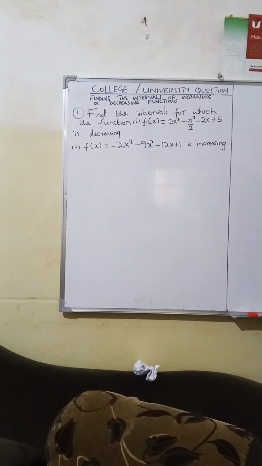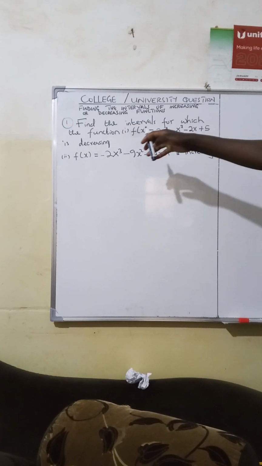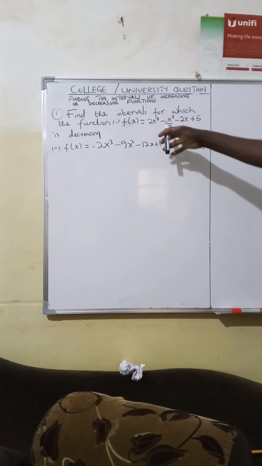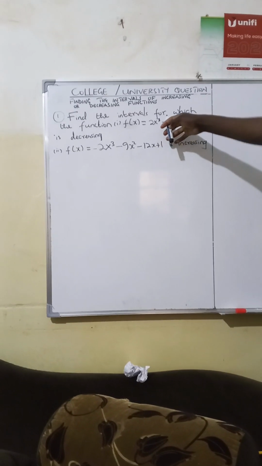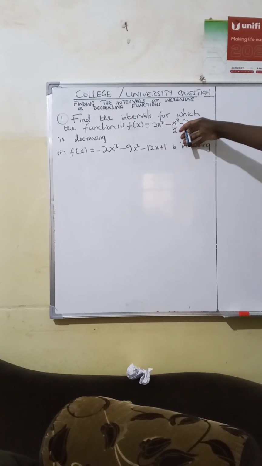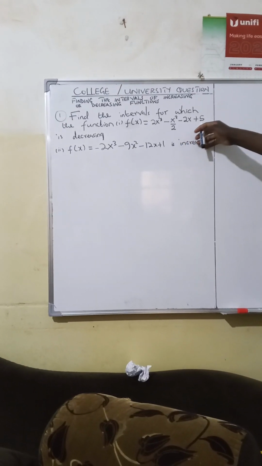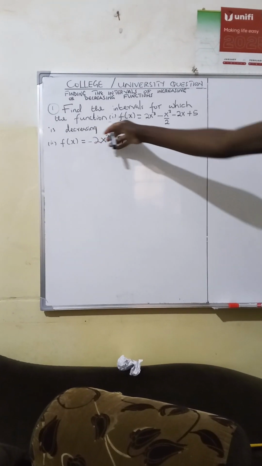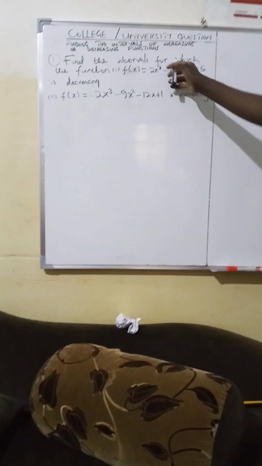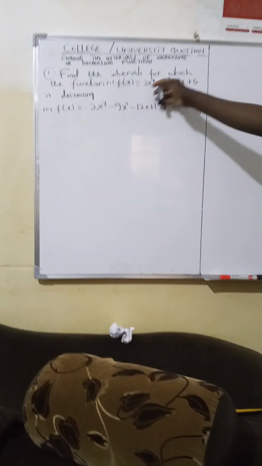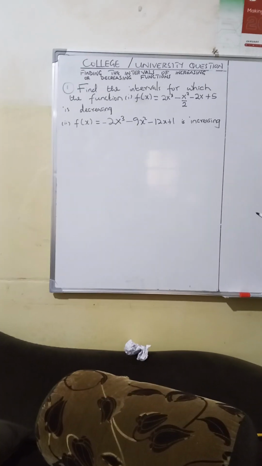So the first one, we have: find the intervals for which the function f of x is equal to 2x to the power 3 minus x squared over 2 minus 2x plus 5 is decreasing. So you have to find the interval for which this function is decreasing.